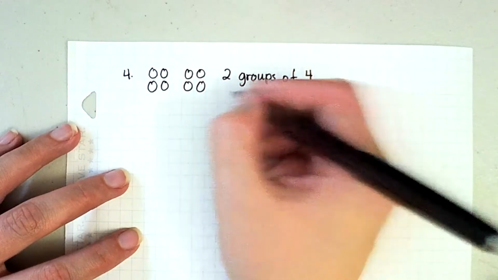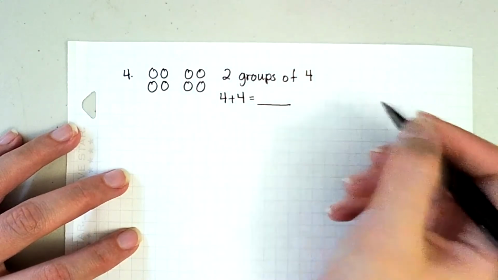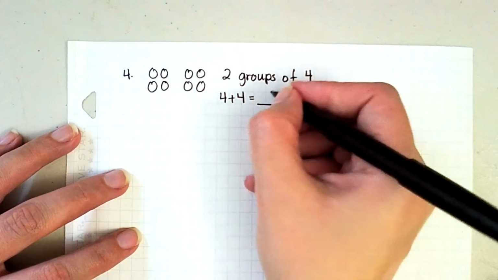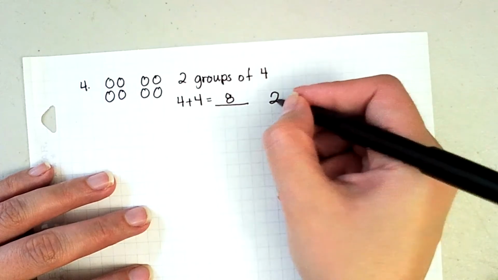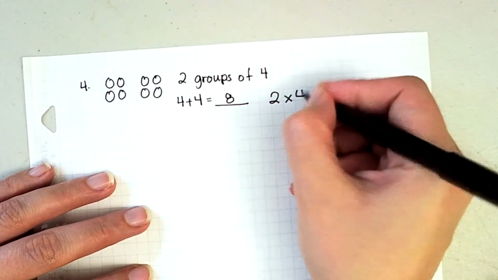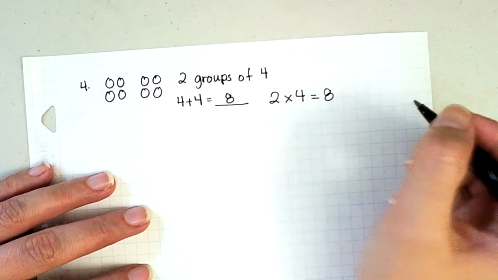And then the next part said 4 plus 4 equals something. So we know 4 plus 4 equals 8. And the way we write that as a multiplication is we're going to write 2 groups with 4 in each group. So 2 times we're going to count the number 4. That's also going to give us 8.